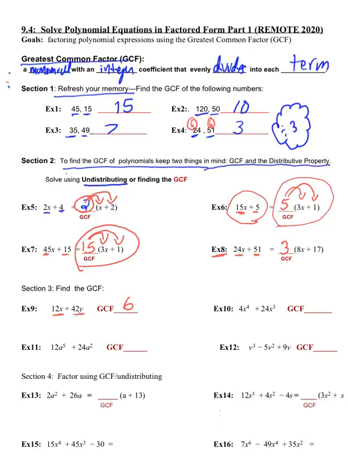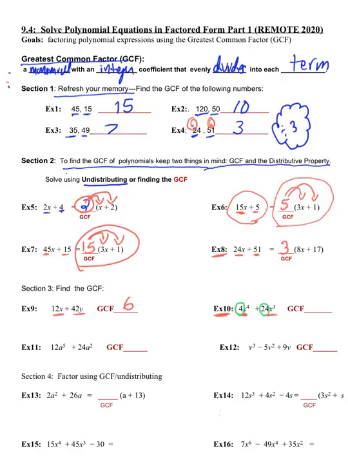Right? Now, in example 10, it gets just a little trickier because we have the same variable raised to a power, all right? So first, let's deal with the numerical values. So you want to look for the GCF of 24 and 4.